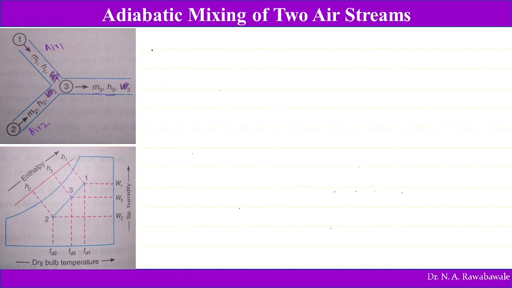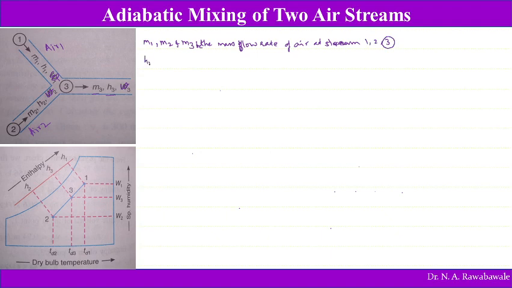Let m1, m2 and m3 be the mass flow rate of air at streams 1, 2 and 3, where stream 3 is the mixture of the two streams 1 and 2.